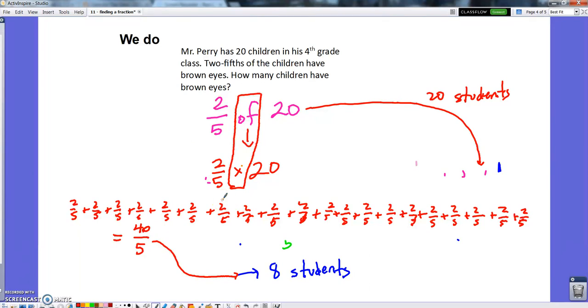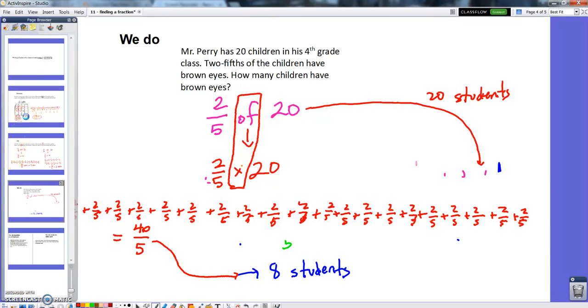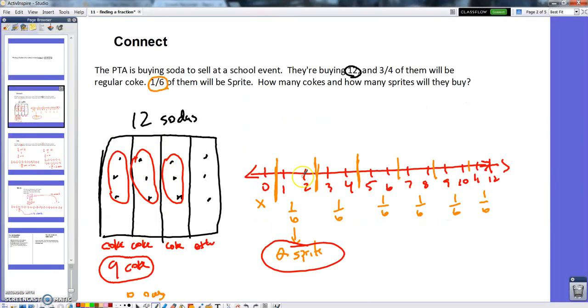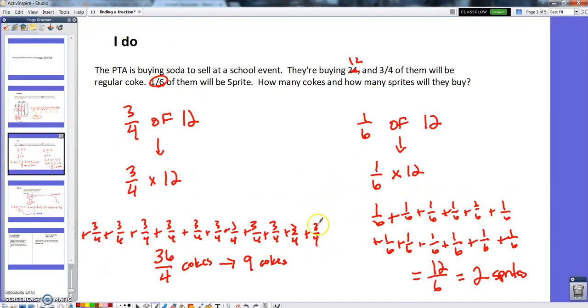So if you don't really get why this is true, don't worry about it. You will never have to use this strategy in 4th grade. It is really not even a strategy that kind of goes with what we're doing. I just wanted to teach it to you because, one, it works. I'd like for you to see that no matter if you do it this way, you get the same thing.